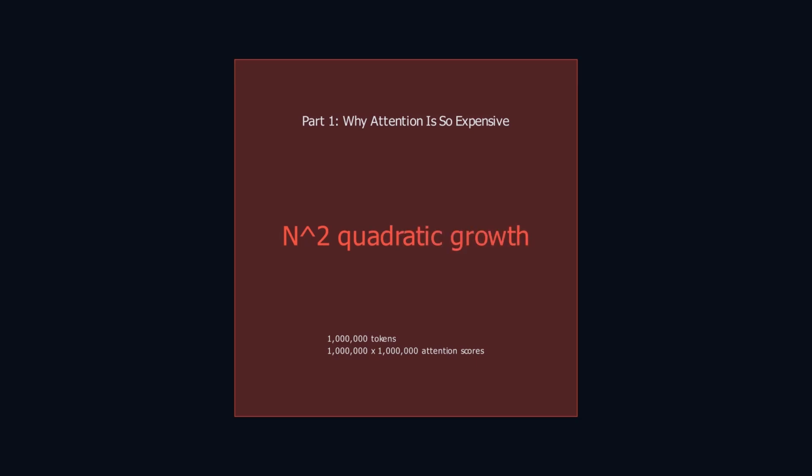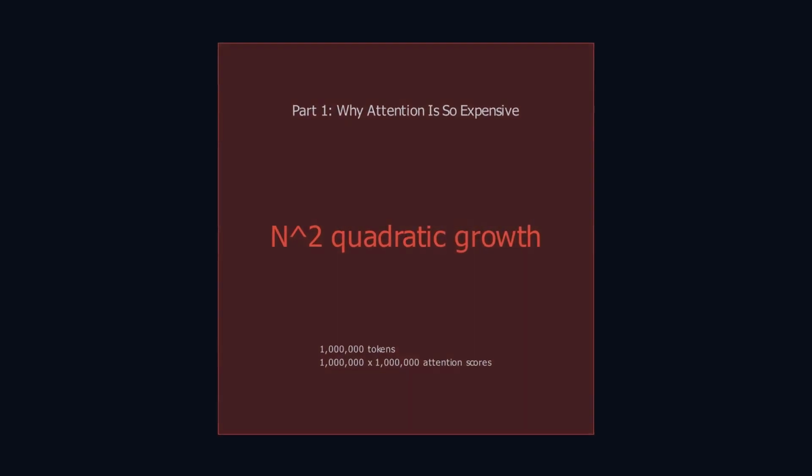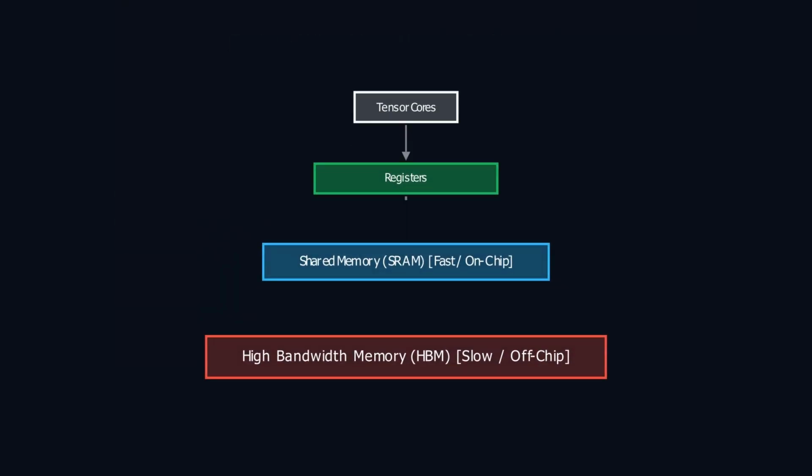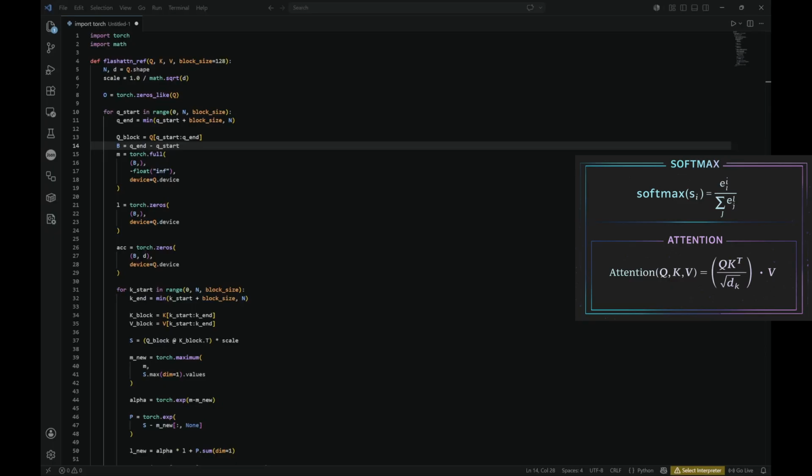Now that's quadratic growth, which is no good for memory. If we look at GPUs, their hierarchy, it takes a long time to get to HBM, and so it kills performance.